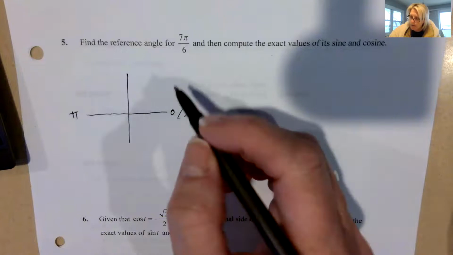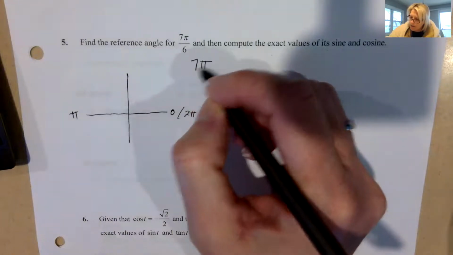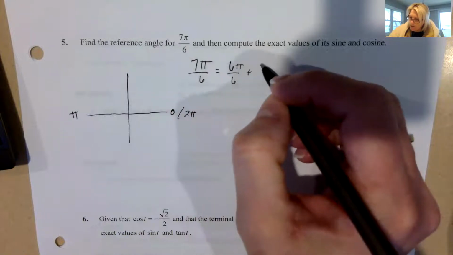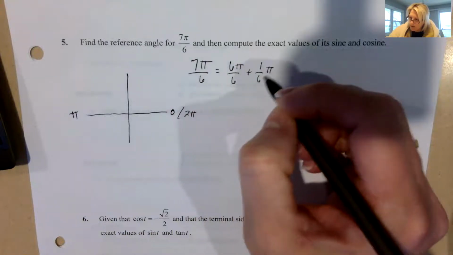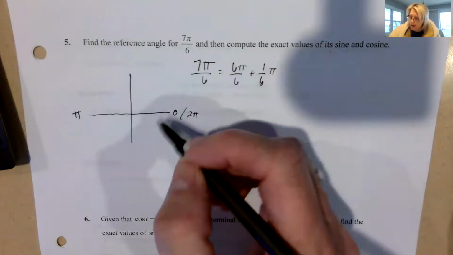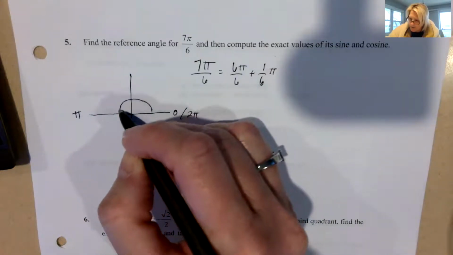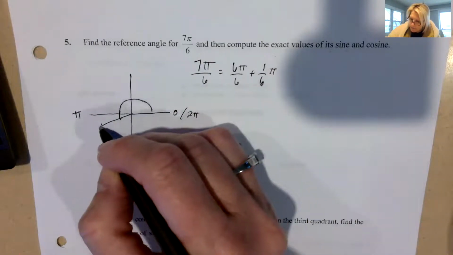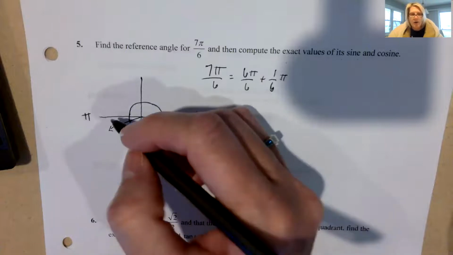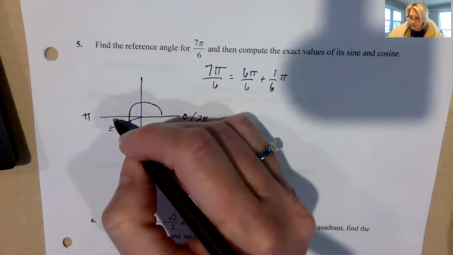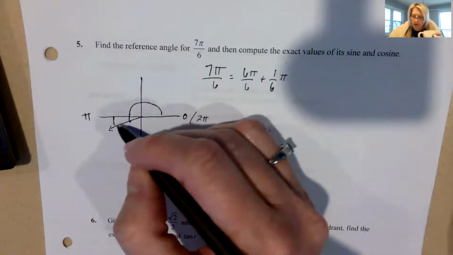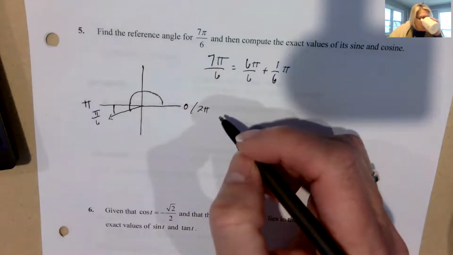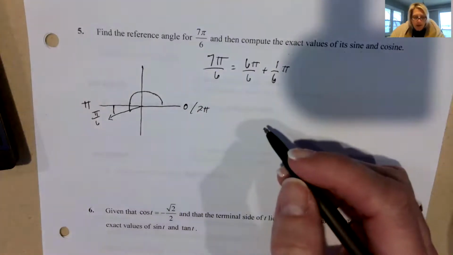We're just past pi, because 7 pi over 6 is the same as 6 pi over 6 plus 1/6 pi. So we're here at 1 pi, plus another 1/6 pi this way. Your reference angle always goes up to the x-axis, so the reference angle here is pi over 6.